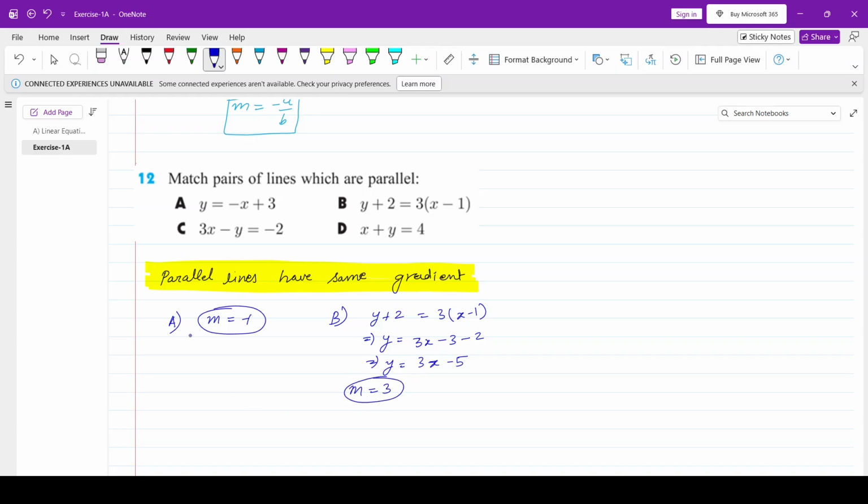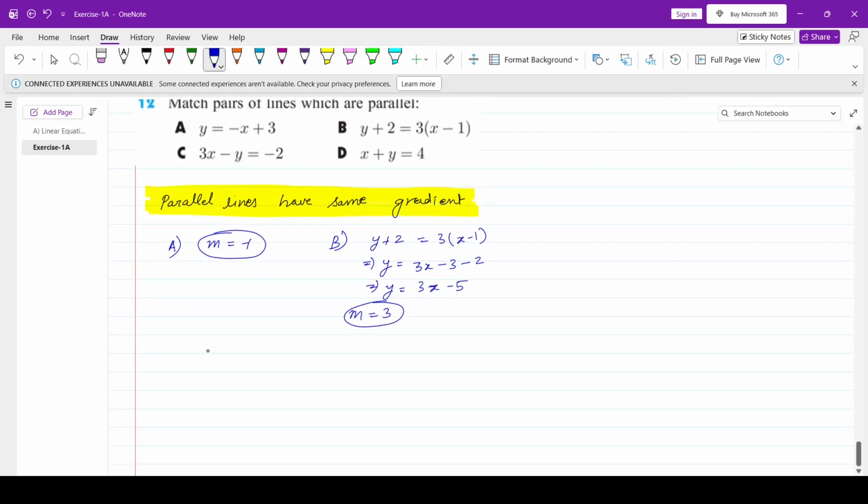The gradient in equation A is minus 1 here. The gradient in equation B is 3 here. Equation C, can we say 3x minus y is equal to minus 2? Can we move this y over to the right side? So we will be remaining with 3x, and this 2 will come here, plus 2 will be equal to y. This y is equal to 3x plus 2. Can we say m is equal to 3?